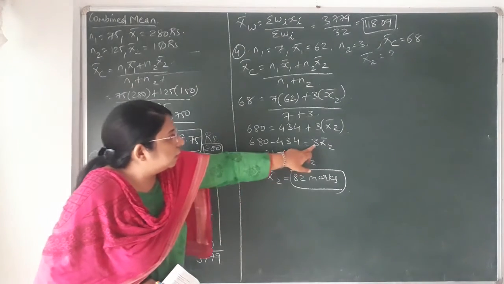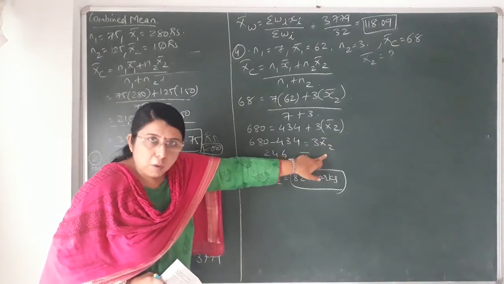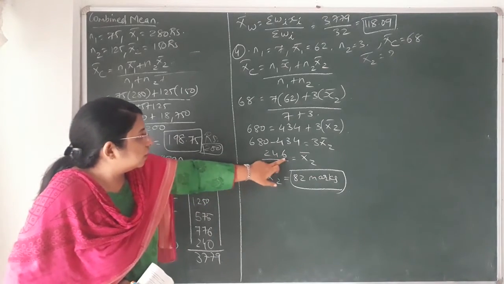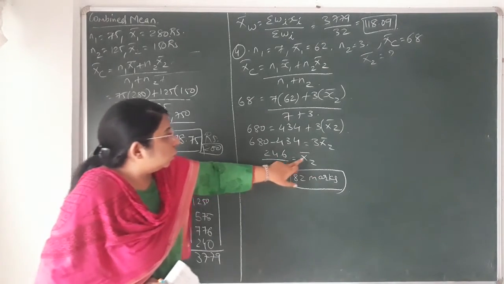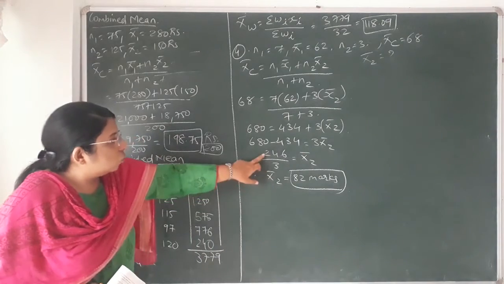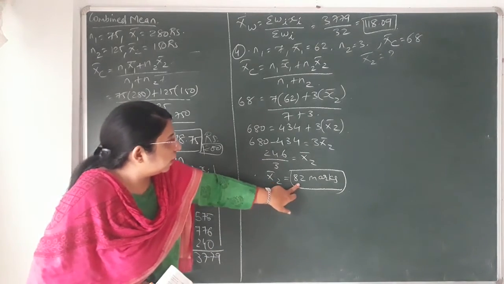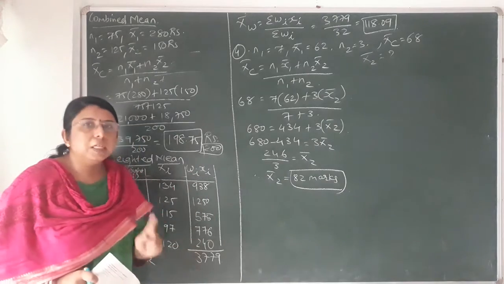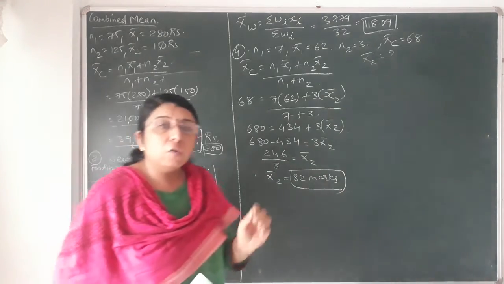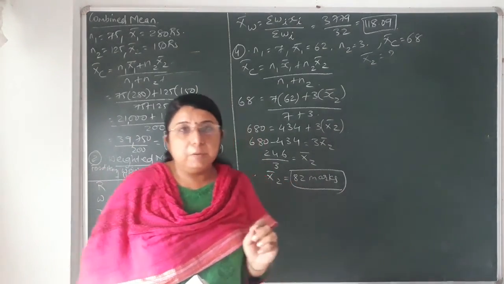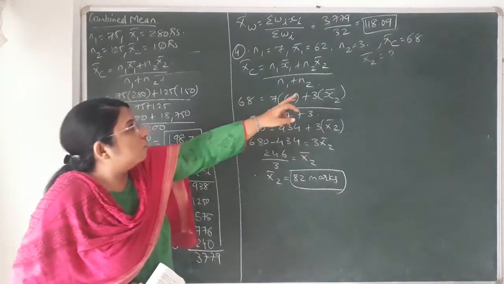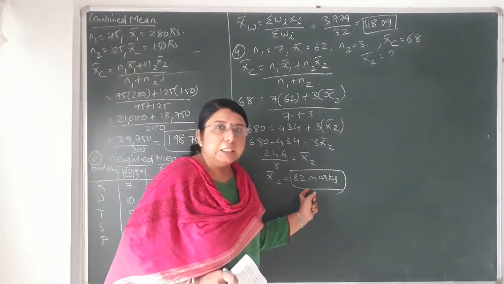So here it is in multiplication with x2 bar, so on the opposite side it will come in division. So 246 divided by 3 is equal to x2 bar. Dividing, you will get the answer 82 marks. So the mean of the 3 practical papers is 82 marks. So the x2 bar value that we got is 82 marks.